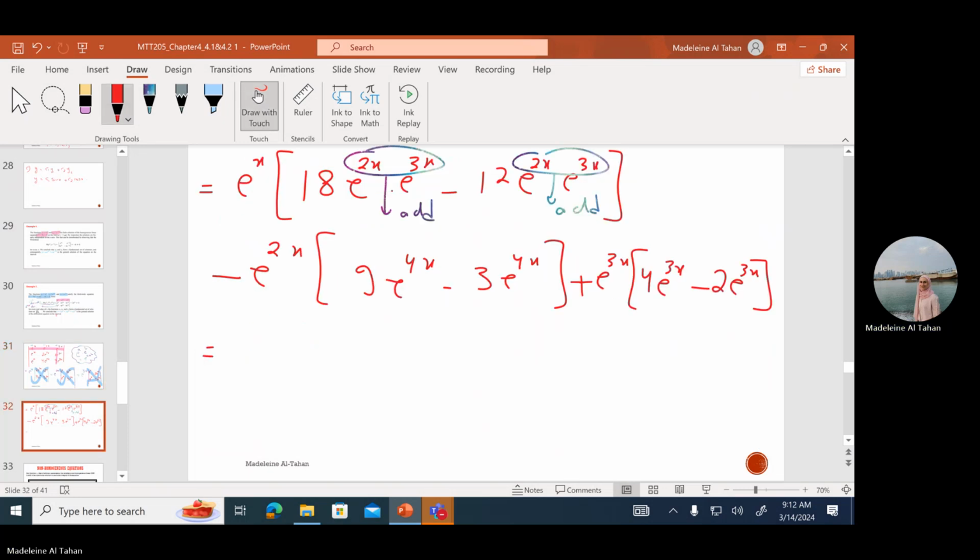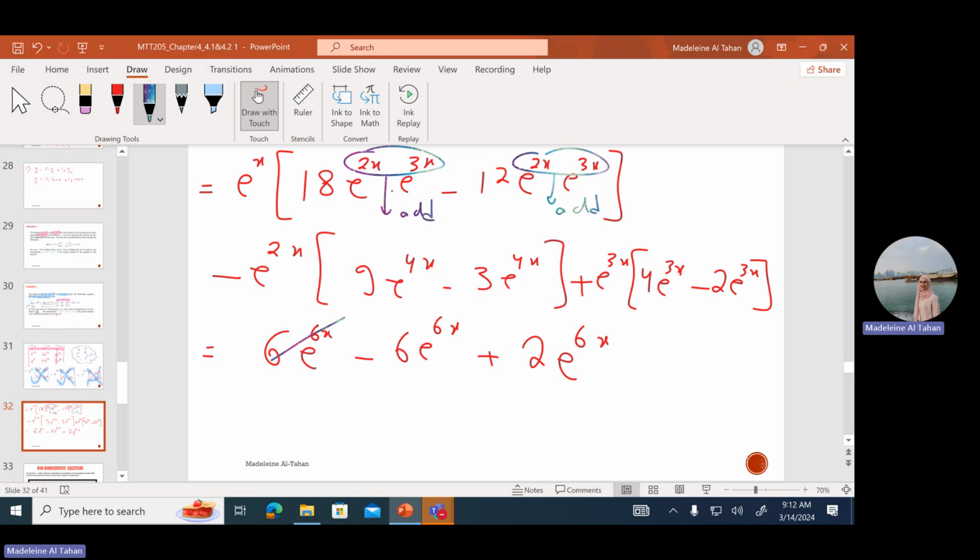So e^x, 18e^5x minus 12, 6e^5x multiplied by e^x, 6e^6x, right? The second one, 9 minus 3, 6, so minus 6e^6x here. And here, 4 minus 2, 2, so plus 2e^6x.